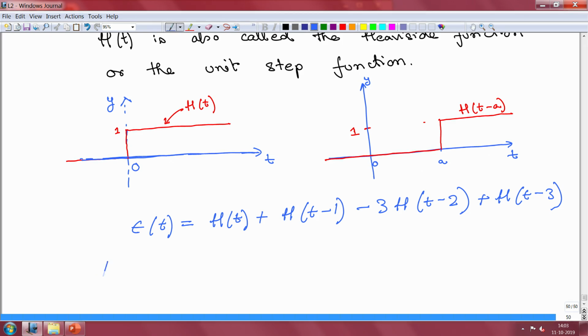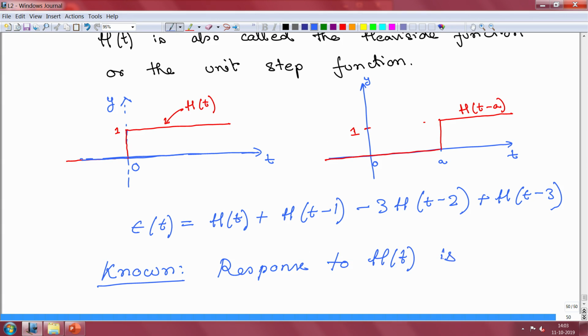And what is known is that the response to H t is your G naught e to the power minus t by lambda, right.